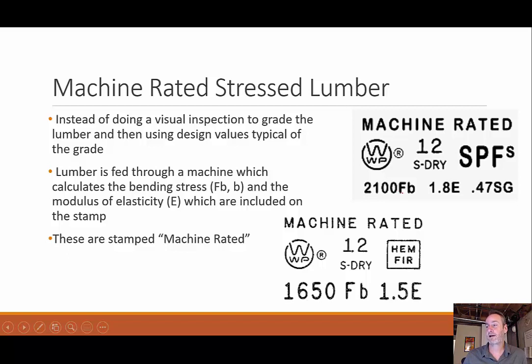Remember, that's a bending stress. We also have 1.8 E. What that means is we have a modulus of elasticity of 1,800,000 pounds per square inch, right? So we have these values, so we would know the exact strength, versus if they were just visually inspected, we wouldn't have those values. Instead, we're doing more of a general category type thing.